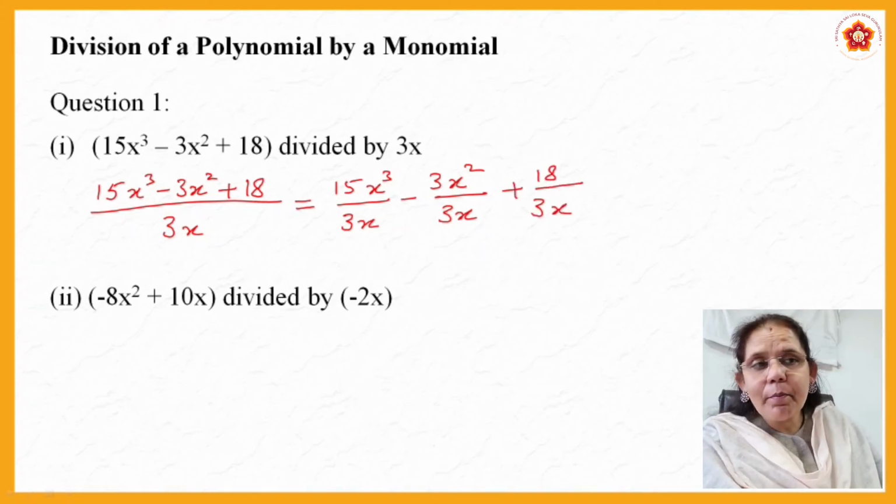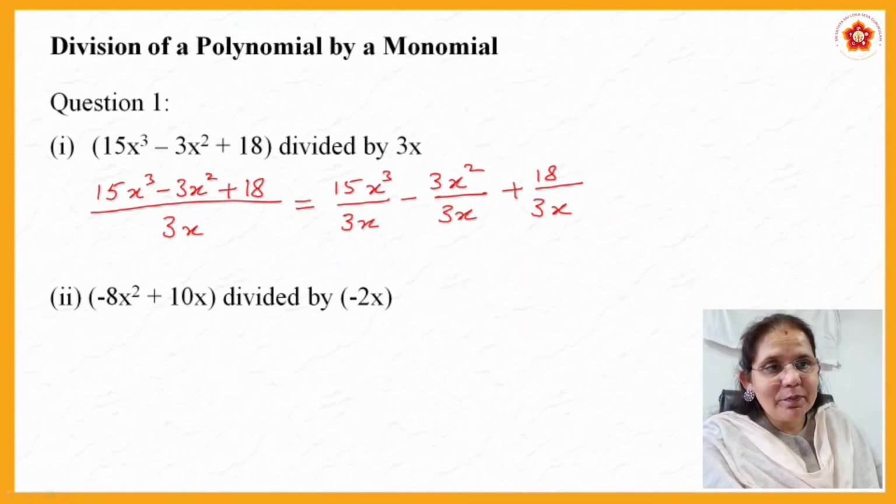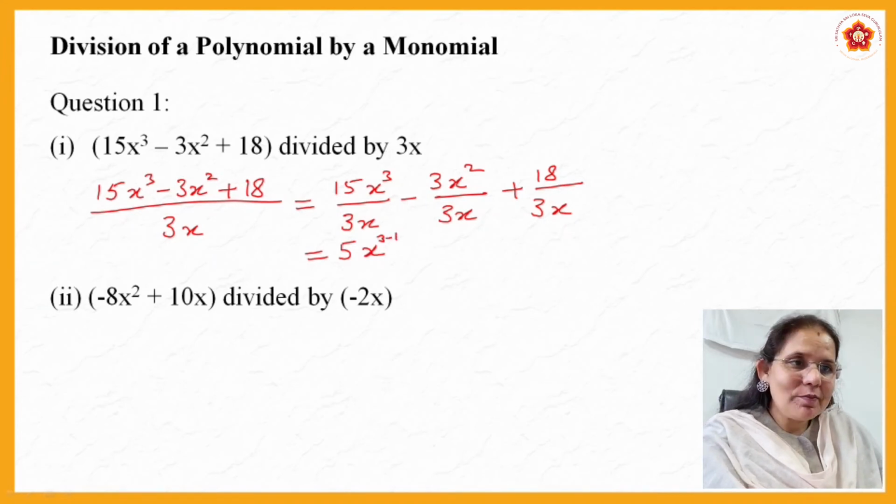After separating them, simplify it. What will it be? 15 divided by 3 is 5. X raised to the power 3 divided by x is x raised to the power 3 minus 1.